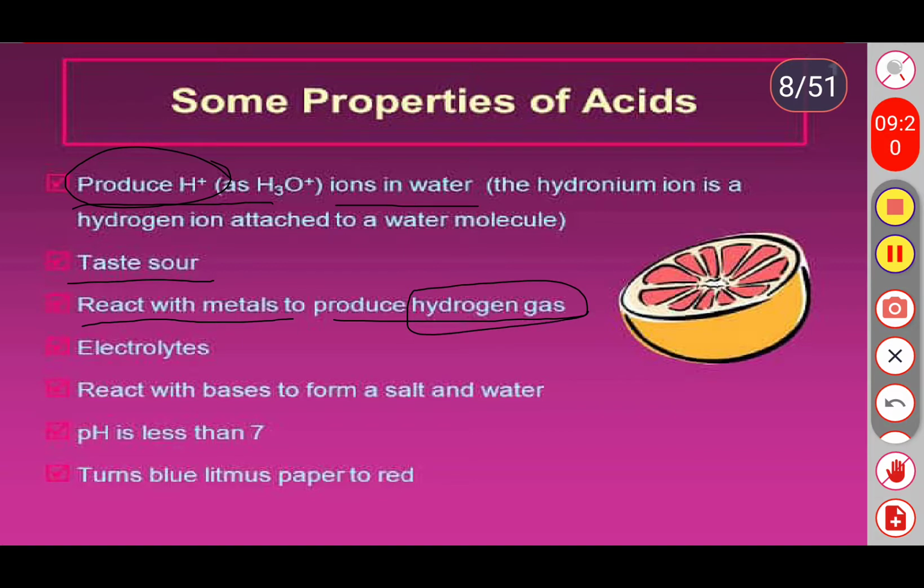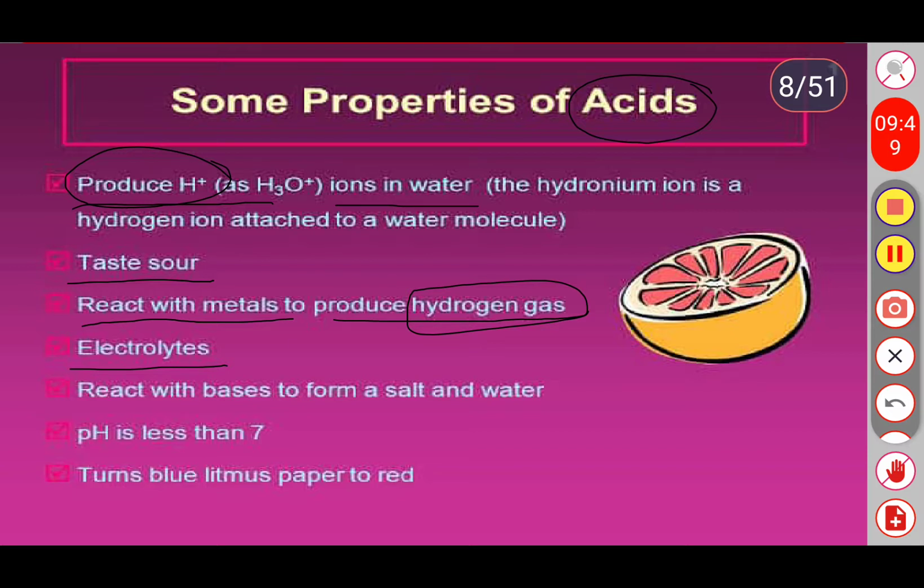Later we will discuss how acids react with metals, metalloids, carbonates, oxides, and bases. Next, electrolytes: all acidic substances are good conductors of electricity.